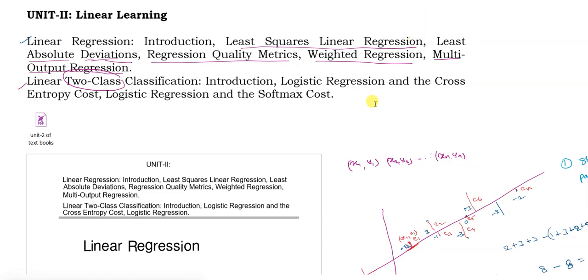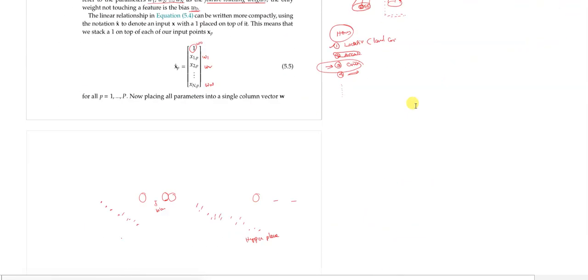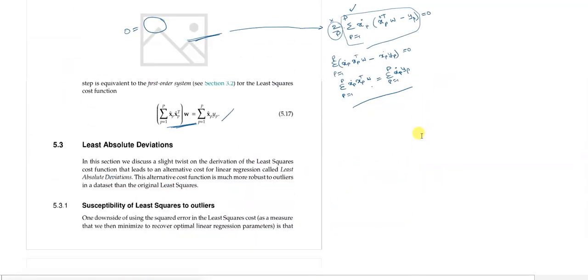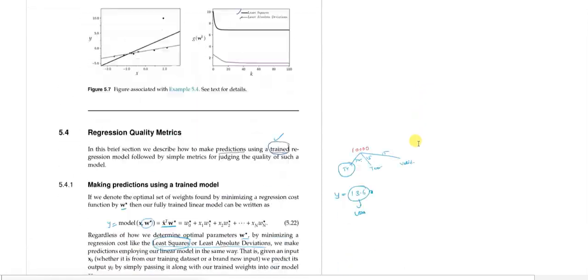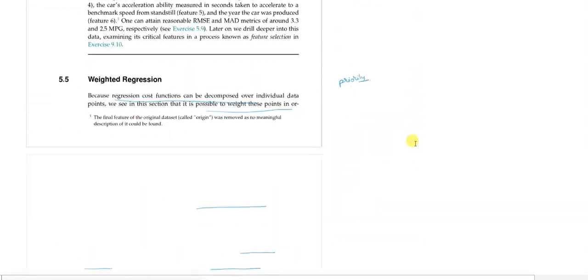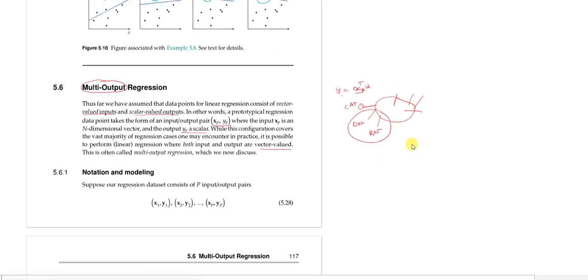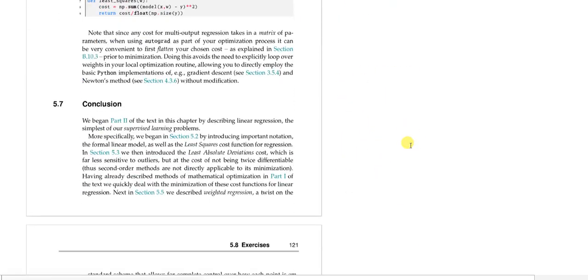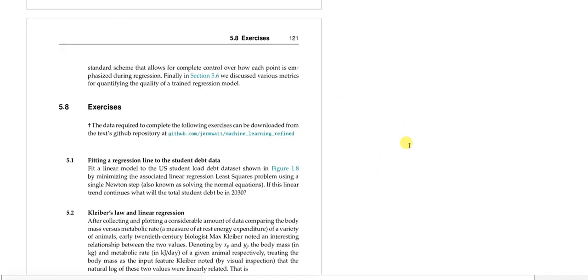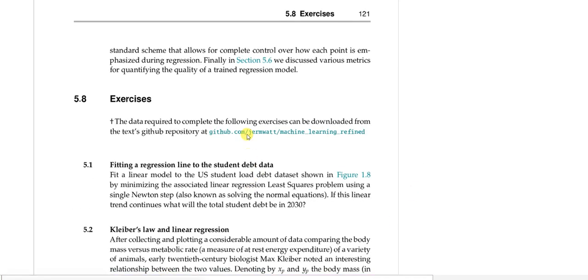Before entering into this, let us discuss how to open the hyperlink, as we discussed in the earlier session. Even here you can see the exercise and conclusion. So that's the link which is given. Go to this link.